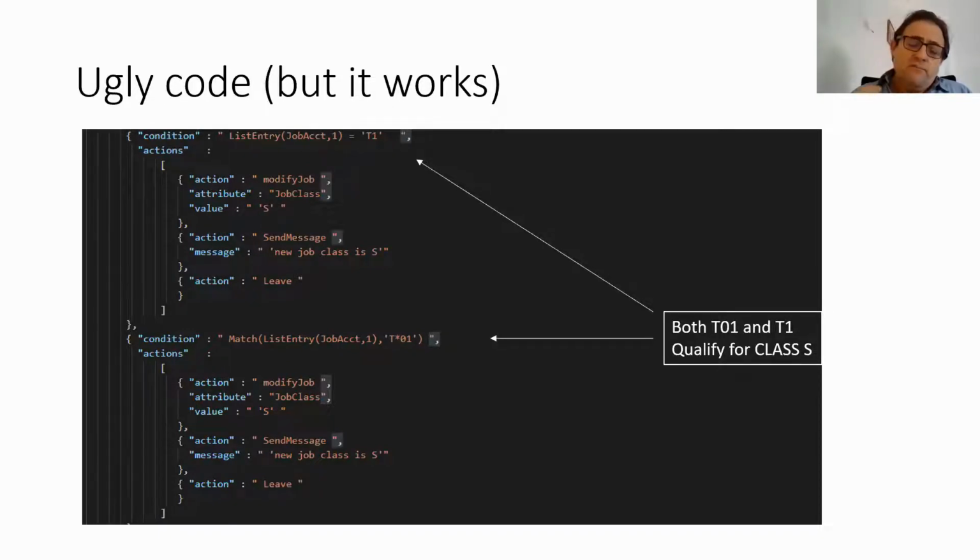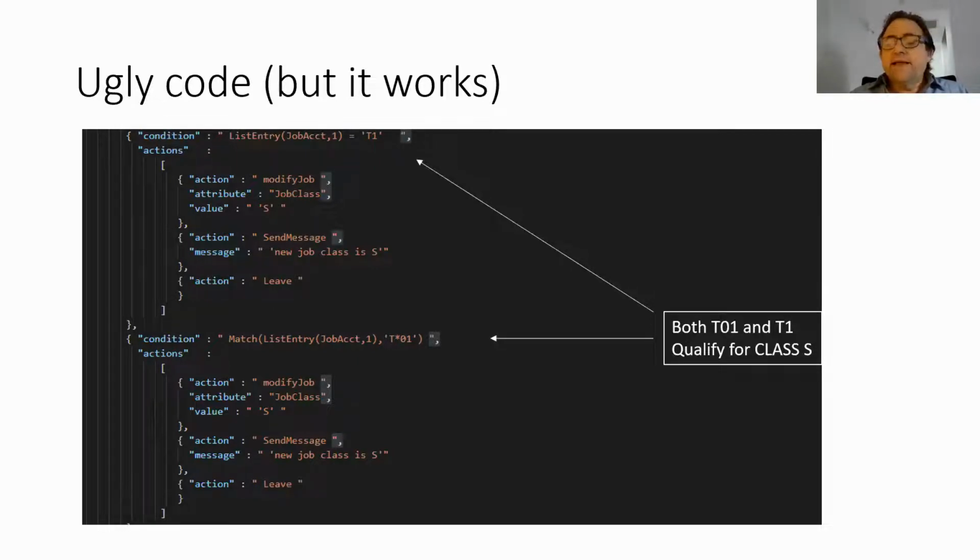And in the end, beyond doing what I did, I went to about 2 months of SMF data, and I took a look at what people actually submitted, what they used as their accounting information, and the resulting job class, and I put all that into my policy, and that's how it grew to 160 lines, which is rather ugly.